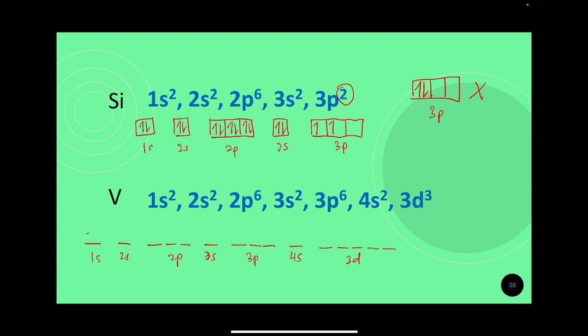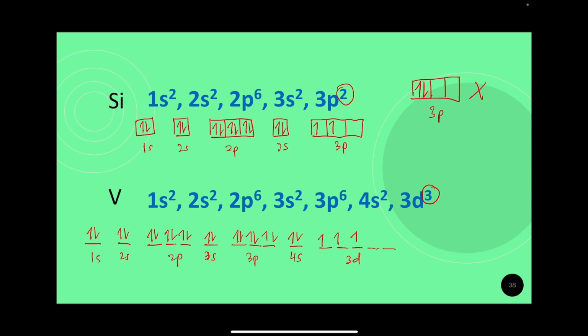So we fill up the electrons, 2 electrons, sorry, okay, for 4s and 3d, since it only has 3 electrons, we just fill up the orbital with 3 electrons, 1, 2, and 3. So that's how to draw the orbital diagram for vanadium.